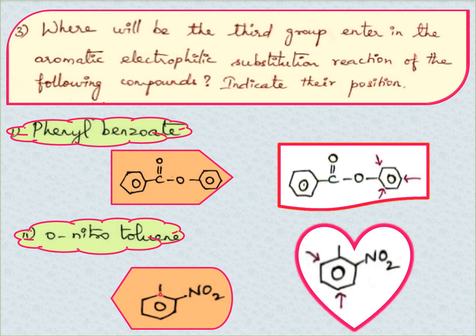So based on the position of this electron donating group, the incoming electrophile goes to the ortho as well as the para position.